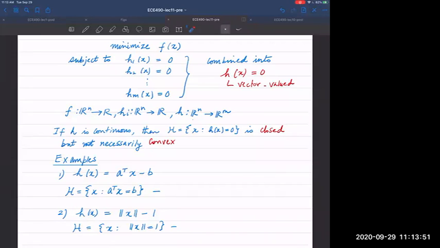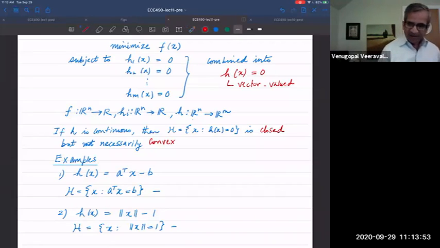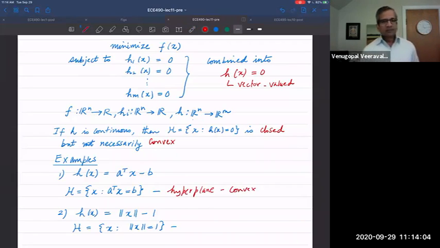Plane, hyperplane. It's a hyperplane. Very good. So it's a hyperplane, and a hyperplane is convex, right? Okay, and this is very easy to show that it's convex. Just take a convex combination of x's and show that that's still going to be in the set. That's trivial, right? So this is a convex set.